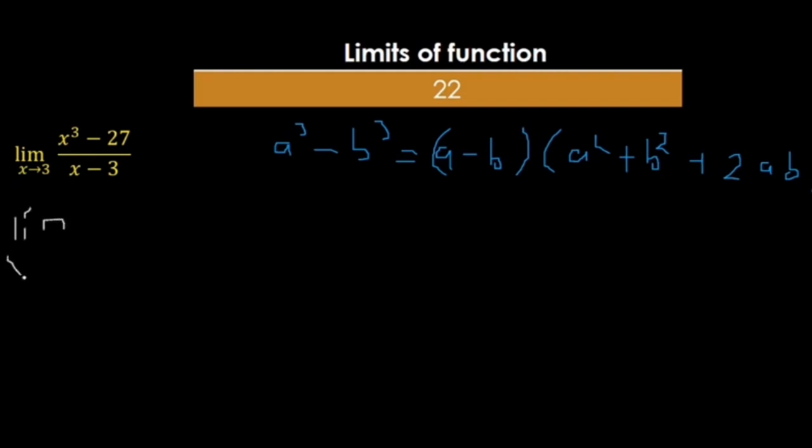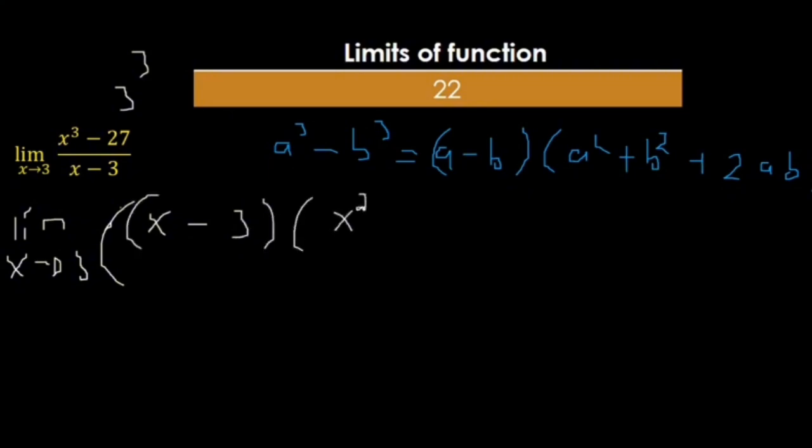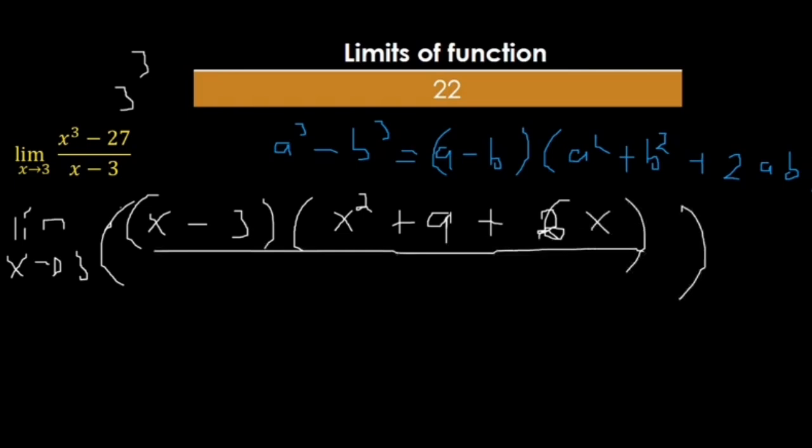There is limit x tends to 3 of a cube, that is x, minus this 3, b is 3 because 3 cube is 27, x minus 3 times x square plus 9 plus 2 x times 3, that is 6x, all that all over x minus 3.